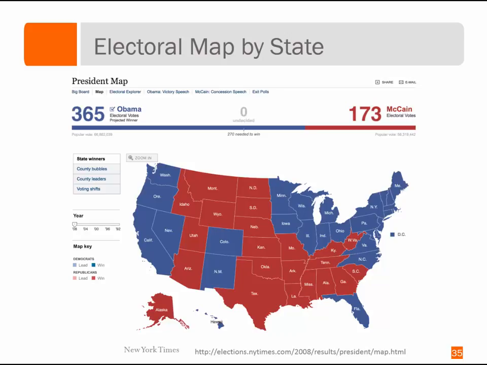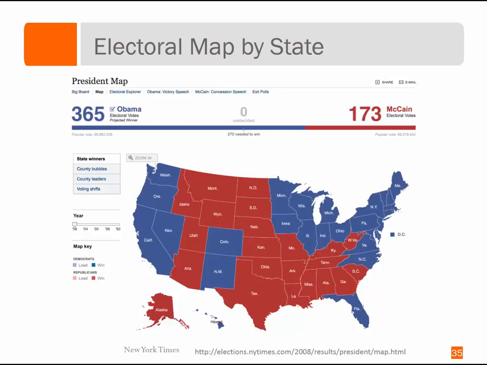Many of you may have come to the conclusion, just based on the color encoding and the size of the area that's encoded on this particular map, that it was pretty much a tie. We may have been surprised that John McCain didn't win the presidential election.